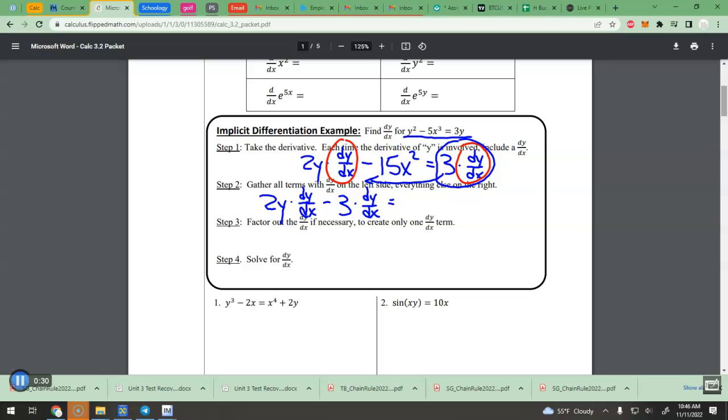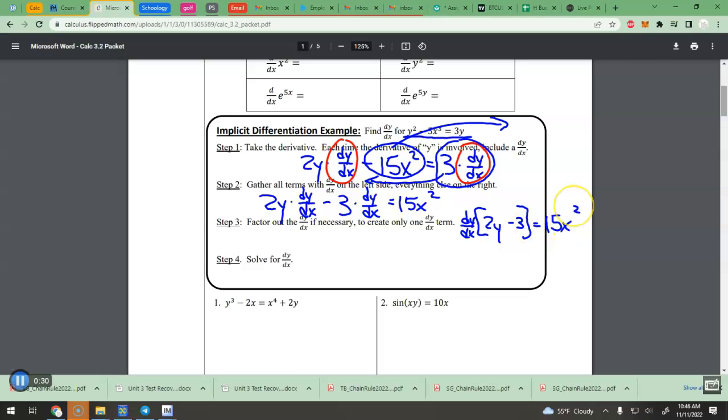You switch sides of the equation. That does not have a dy dx in it, so it's going to go to the right-hand side, but it's going to become positive. With me? Ish. Okay. Factor out a dy dx on the left. So you'll get 2y minus 3.